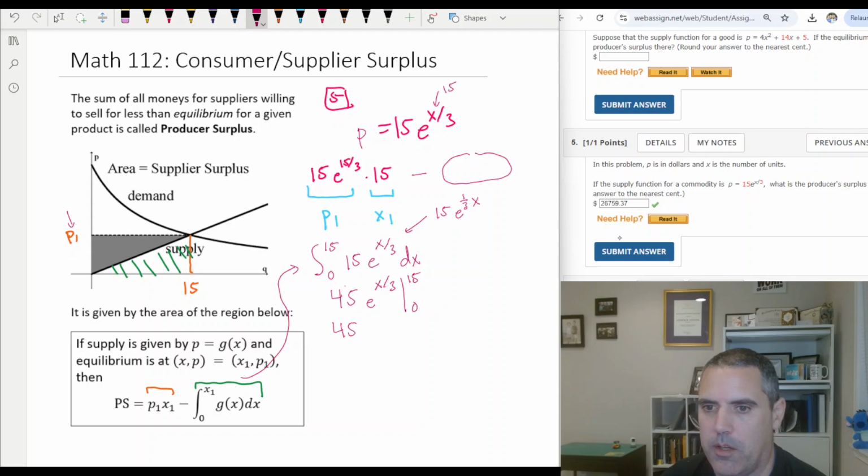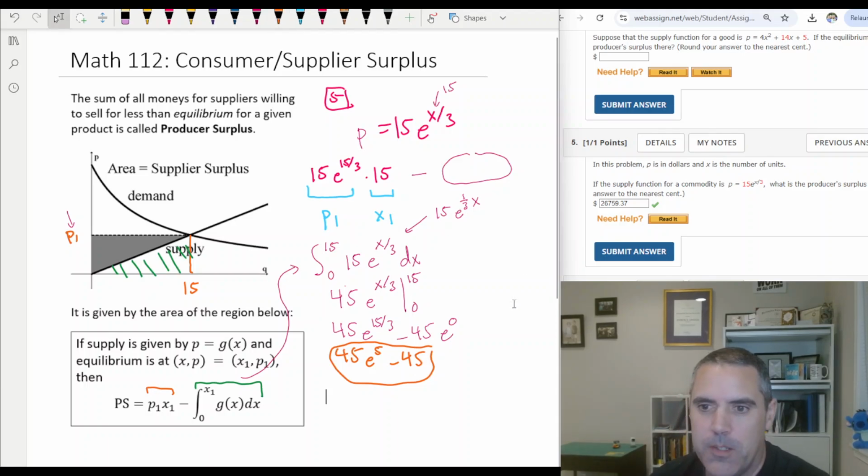So we're going to do 45 e to the 15 over 3 minus 45 e to the 0. I've been surprised at how many students don't know e to the 0. E to the 0 is 1. I went back and looked, and that was in Math 111 many times, but now is time. You need to commit this to memory.